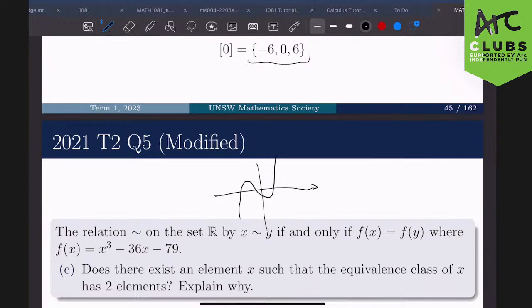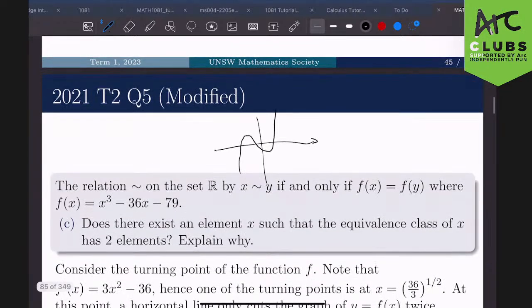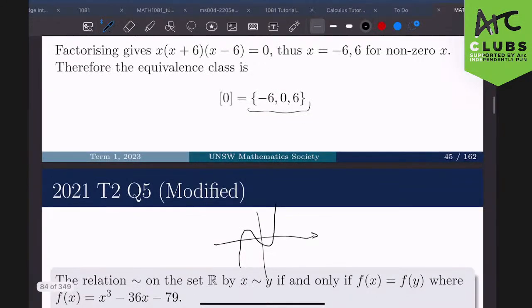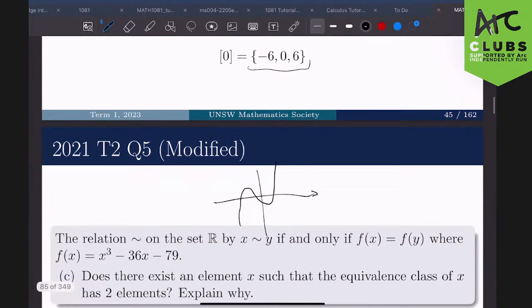Just sketching this graph is really useful. Obviously you don't have to draw it out, if you can imagine it in your head, but this is the general positive shape, and with this knowledge we know it passes through the x-axis. So does there exist an element x such that the equivalence class has 2 elements?